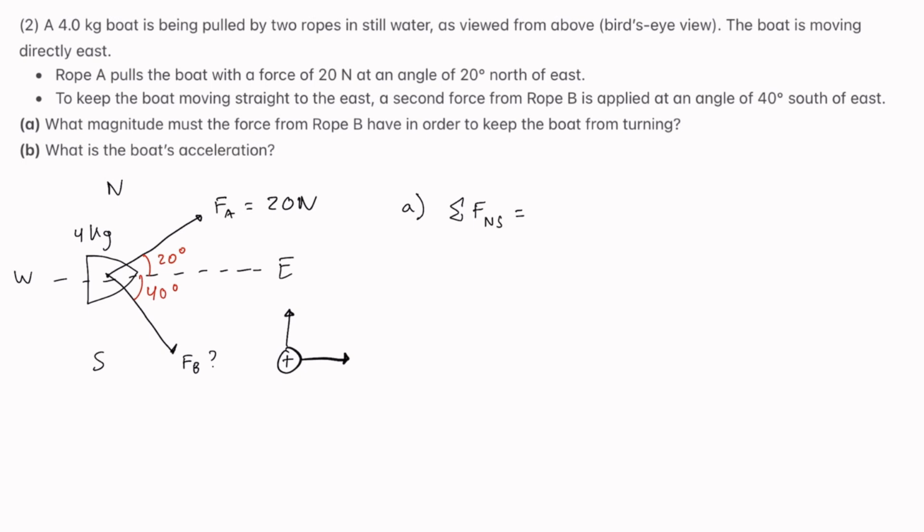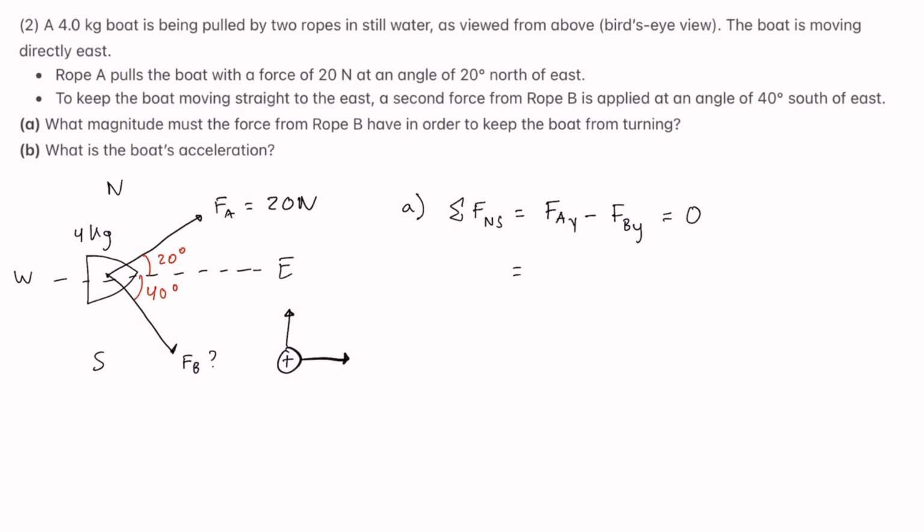We'll set this equal to some force A in the y direction, or north and south, minus some force B in the y direction, and we'll set it equal to 0, since if there's no acceleration in the north-south direction, the boat will not be turning.